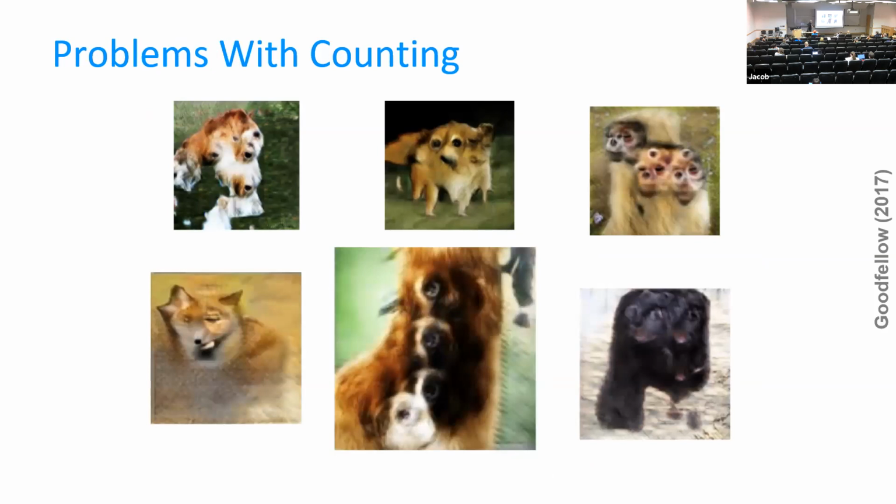It likes eyes, yes. Maybe a little too much. Yeah, what else? Let's be generous. What do you see that this GAN is doing fairly well? Yeah, what do you see? Totally.